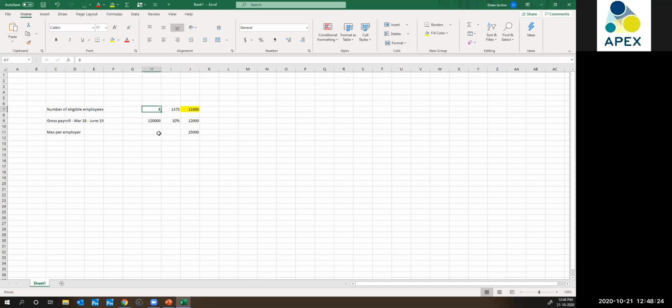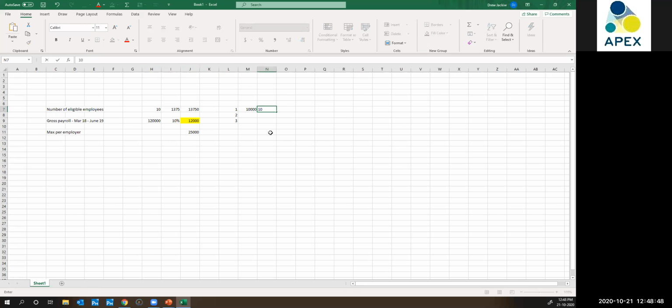Now, if you had 10 eligible employees instead of just 8, it goes up to $13,750. And now the lesser of the group is $12,000. It doesn't matter that one employee, say this employee was only paid $10,000 during that period.